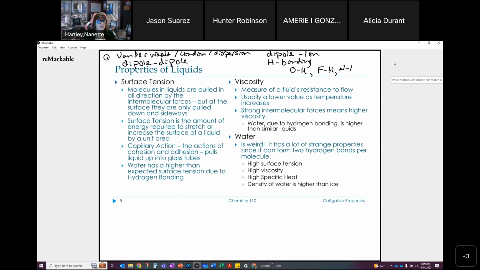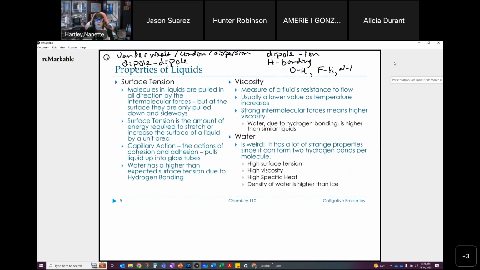One of the things that we see due to surface tension is what we call capillary action. If you've ever taken a piece of glass tube and put it down into some water and watched as the water comes up into that tube, that is capillary action. What happens is that those molecules cohere to each other, so they are in contact with each other and stick together, but they also have adhesion to the walls.